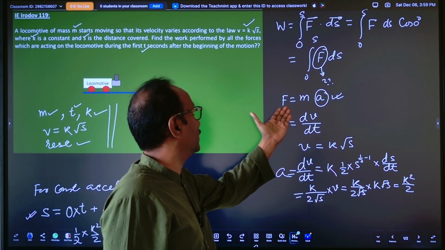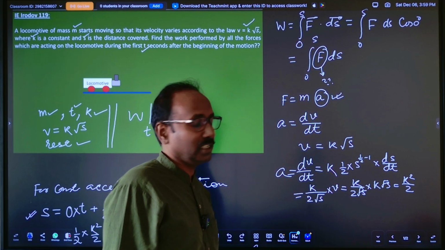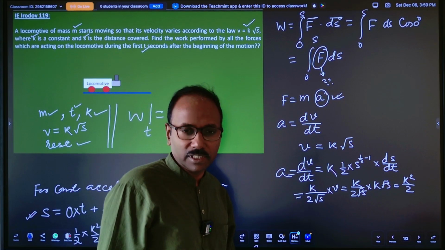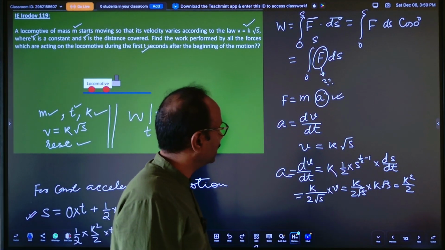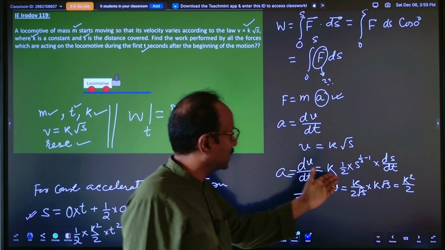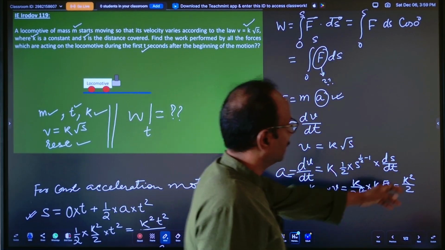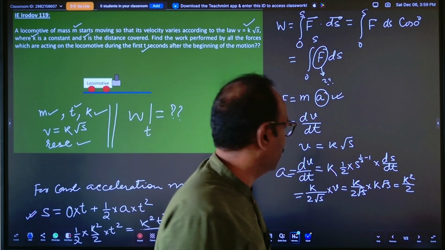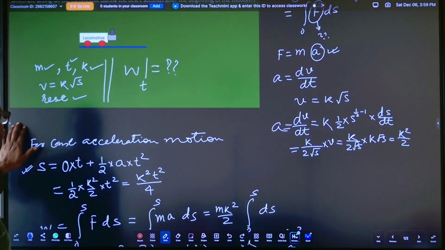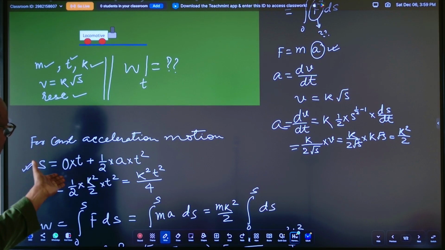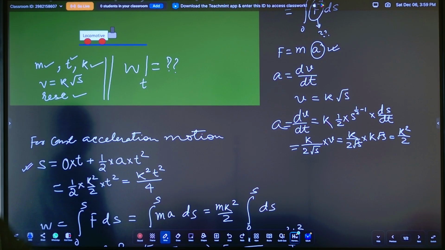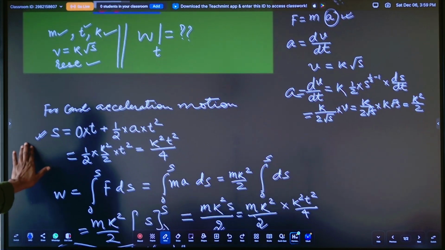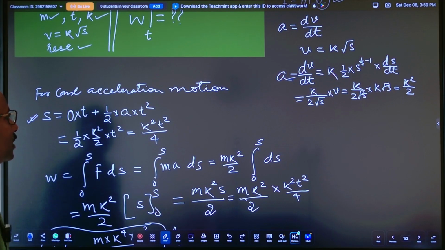We know F is equal to ma, where a is the acceleration. How do you get the acceleration? By differentiating velocity with respect to time, dv by dt. When you did dv by dt, you got the acceleration k square by 2. k is constant, so acceleration is constant. For constant acceleration motion, s is equal to initial velocity into time plus half into a t square. You put that value and got s in t interval of time as k square t square by 4.